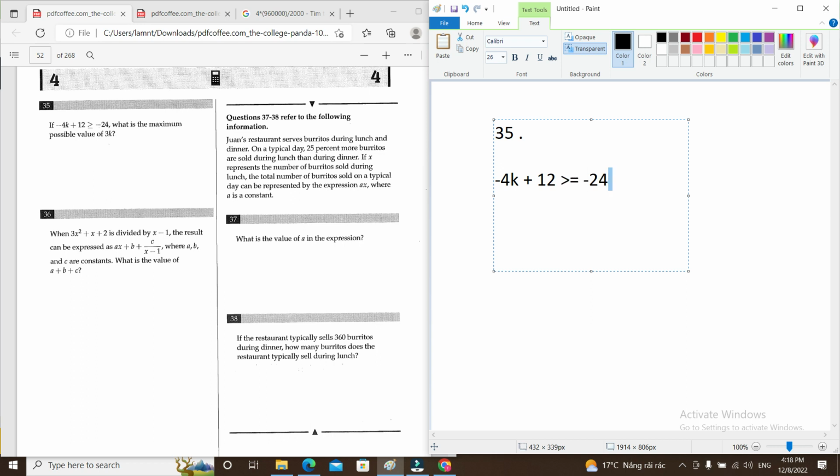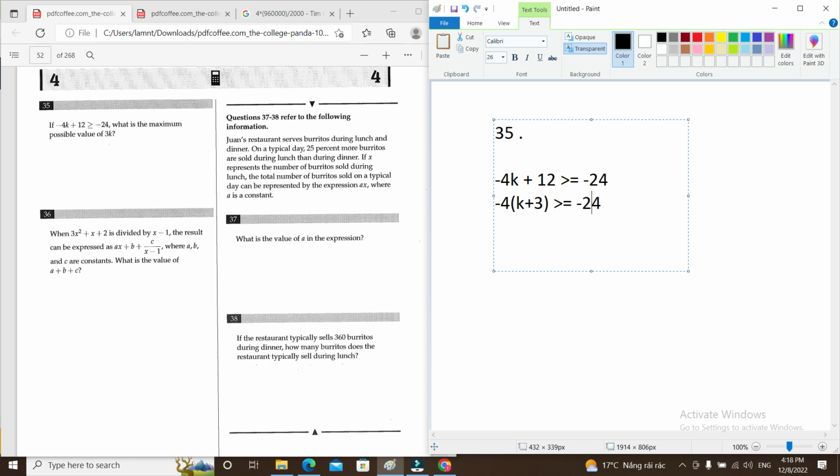In this exercise, to find the maximum value of 3k, we're going to do a transformation of this inequality. So minus 4 times (k plus 3) is bigger than or equal to minus 24.